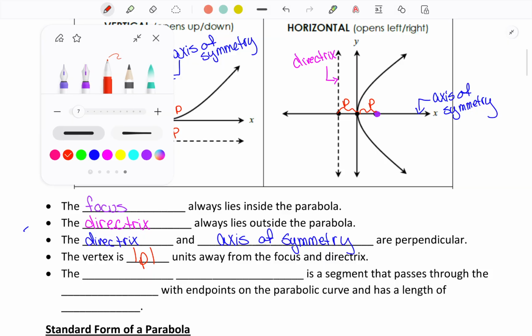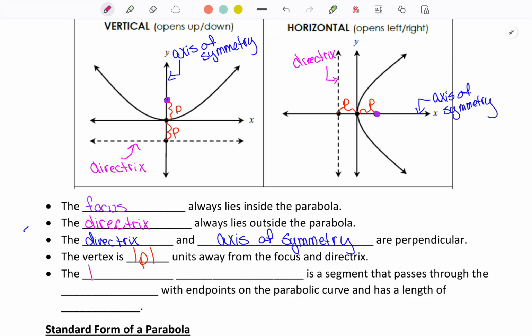And then the latus rectum is the segment that passes through the focus with the endpoints on the parabolic curve, and it does have a length of 4p.